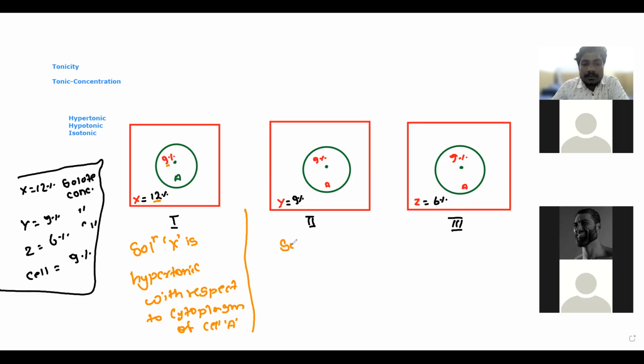Solution Y will be isotonic because the solute concentration is the same. Iso means same, and hyper means more. And solution Z is hypotonic.